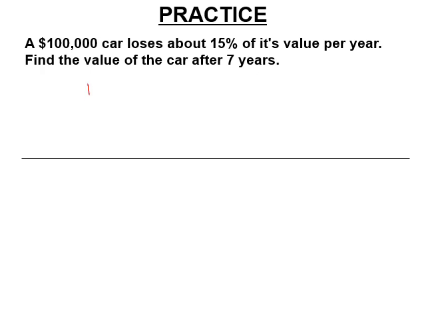So we have a $100,000 car. And, right, so if we're down 15%, where are we at? We're at 85%. And we're doing 7 years. Let's see. This is actually, it's usually worse than this, I believe, in the real world.